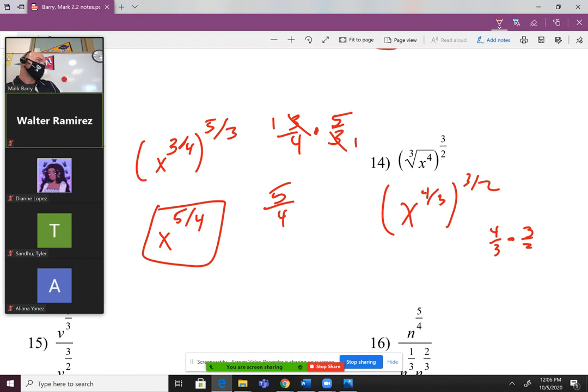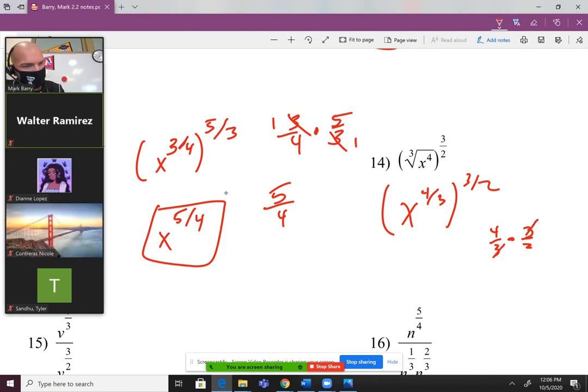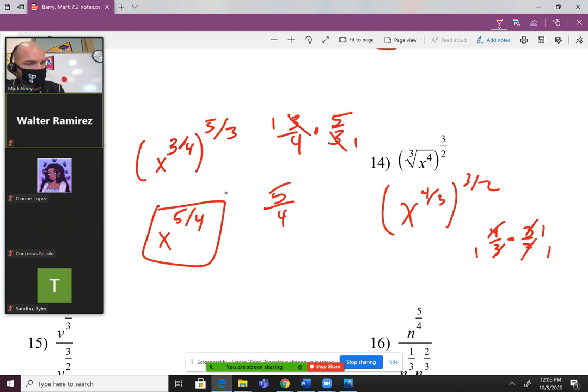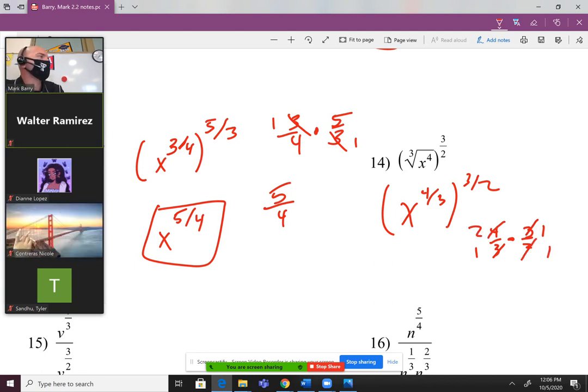Okay, so I switched that to x to the power of 4 over 3 on the inside, but still the 3 over 2 on the outside. Then we're going to multiply those fractions together. Do a little cross canceling here. We can also cross cancel this way. So the 3's cross canceled to 1's.